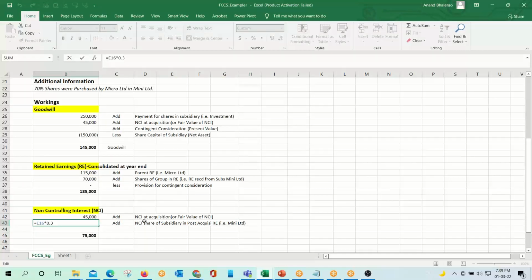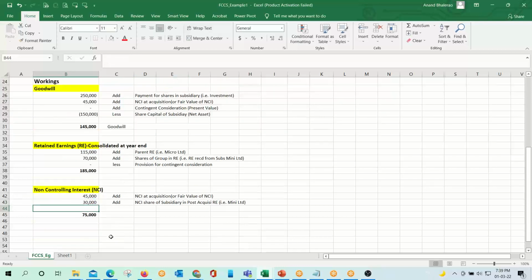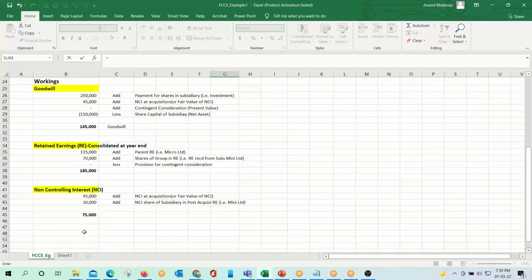That amount we will consider here. So 30% of 1 lakh comes to 30,000. The total comes to 75,000, which we will show as non-controlling interest.